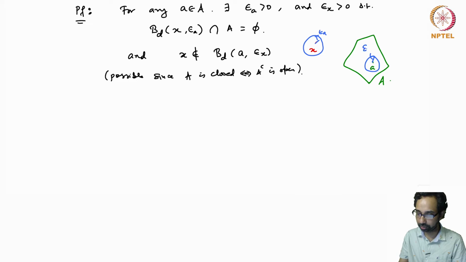This radius is epsilon_x, and it does not contain x. This is simply from the Hausdorff property if you want.